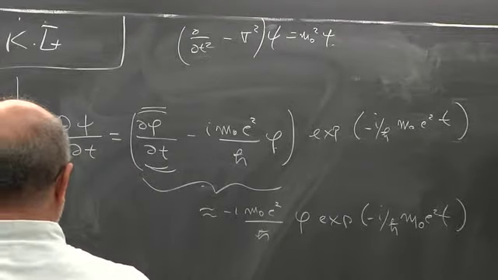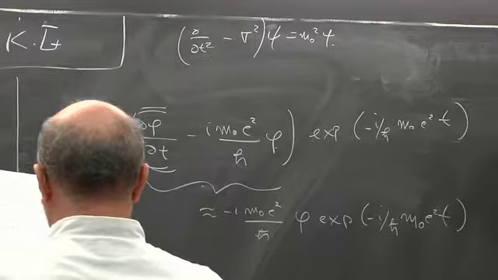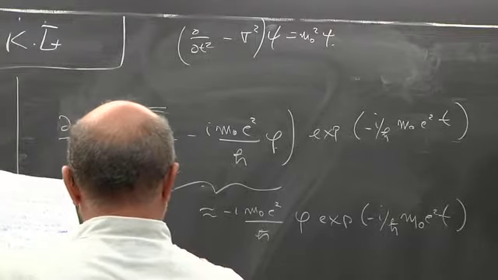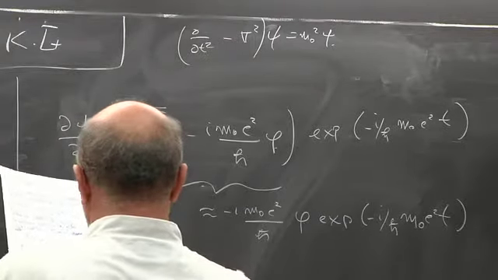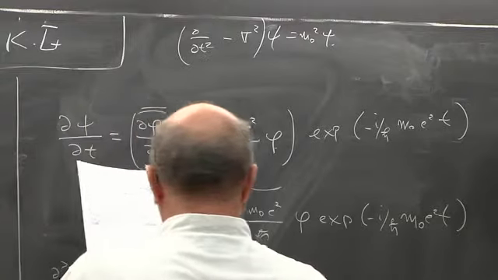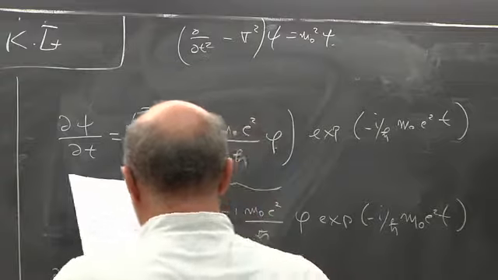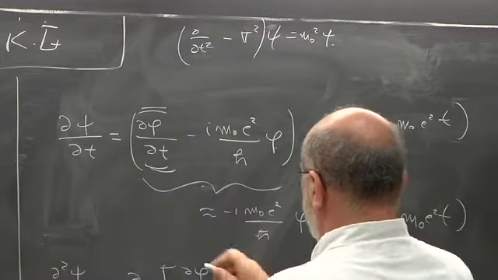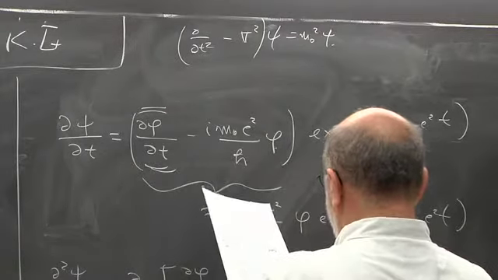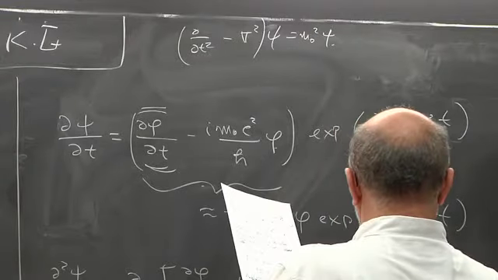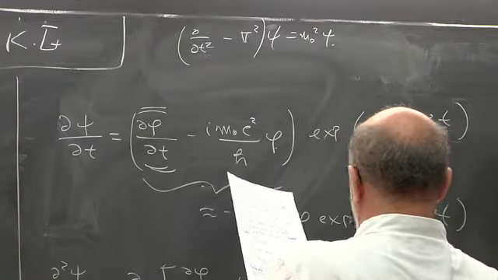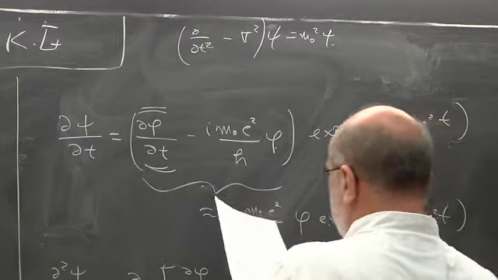The second derivative is d/dt of d phi/dt minus i m0 c squared over h bar phi, times exponential of minus i over h bar m0 c squared t.